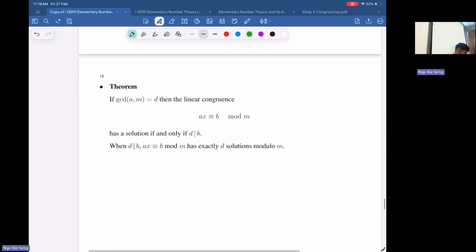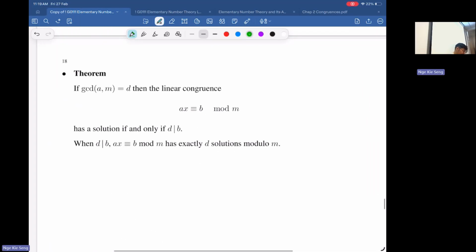Okay, let's continue. So this is a new theorem here. This theorem is kind of a restatement of what we knew last time, but the second line is a bit special.